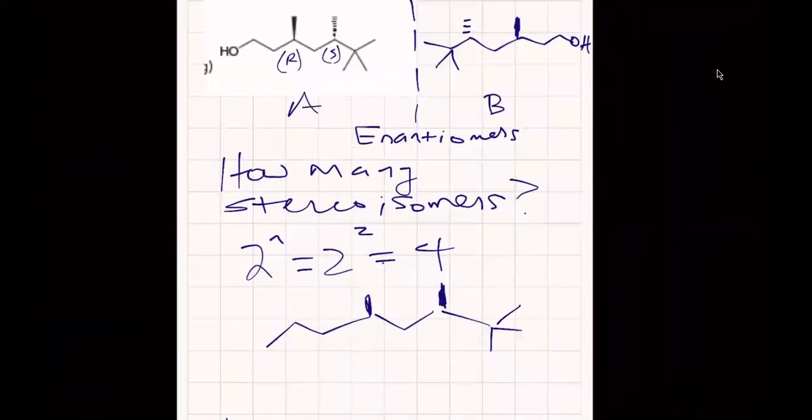That's one of my 4 isomers. Let me put my OH in. Are y'all following? So you see I left the wedge one, the one that's R, I left it. And then the other one, I changed it from the dash to a wedge.